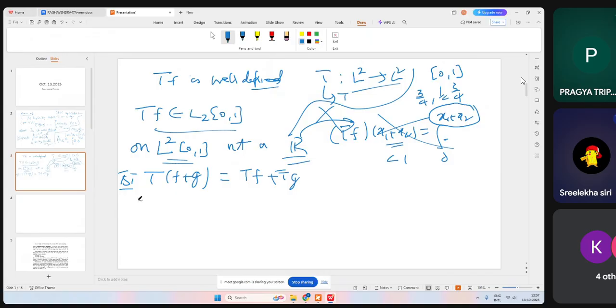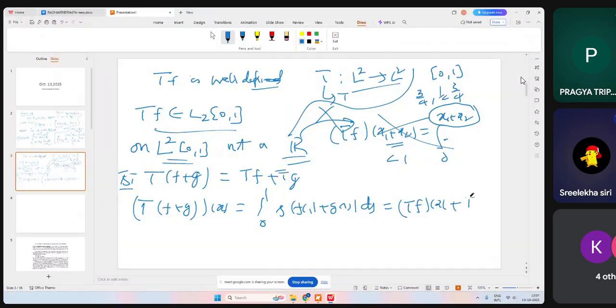So T of f plus g, by definition, at x is the integral from 0 to 1 of s times f(s) plus g(s) ds. This integral is linear, therefore this will become Tf at x plus Tg at x.